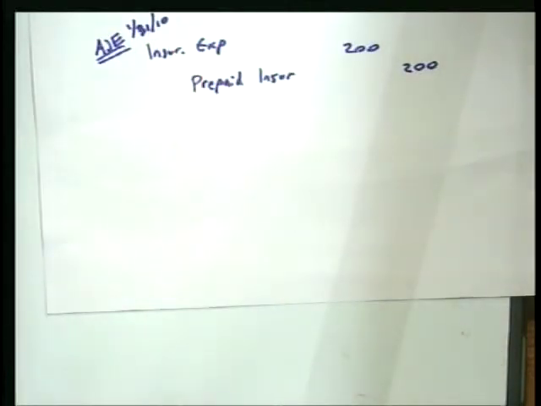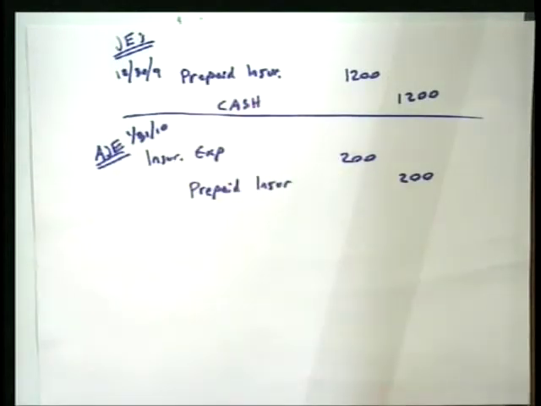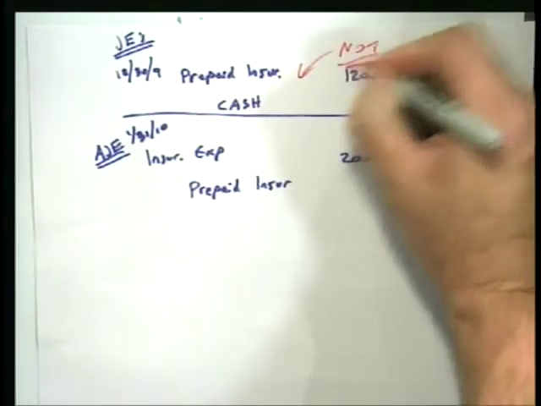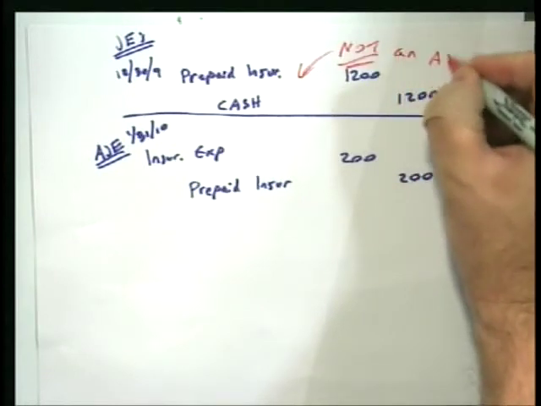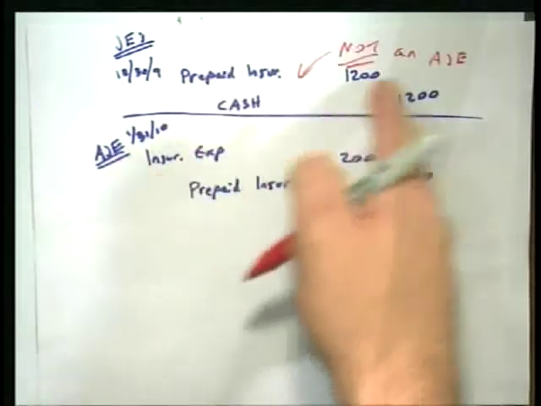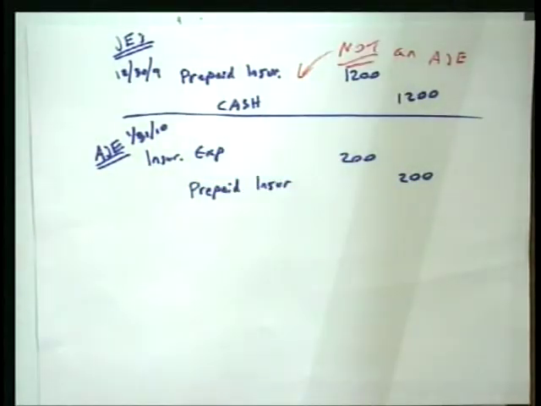No. Now you might say, well, Dave, cash was in a journal entry up here. This one right here is not an AJE. This is the AJE. Okay? And if you have cash being debited or credited in your AJE, then you made a mistake. Okay?